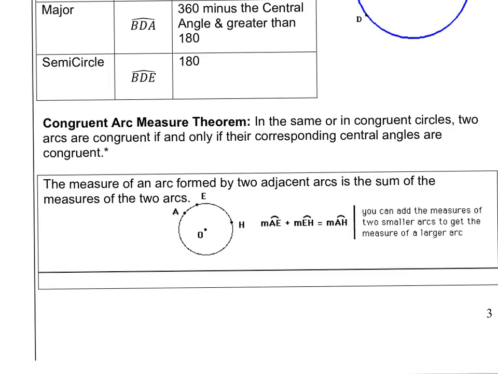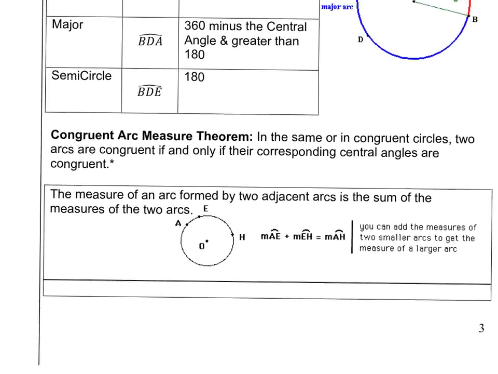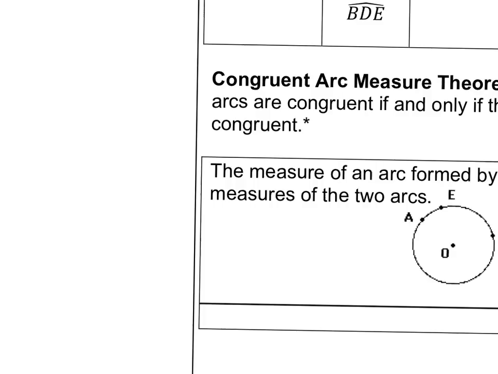Congruent arc measure theorem. Basically, in the same or congruent circles, two arcs are congruent if and only if their corresponding central angles are congruent. Corresponding central angles. So let's take a look at this picture. I guess I didn't include one, so I'm going to draw one over here.